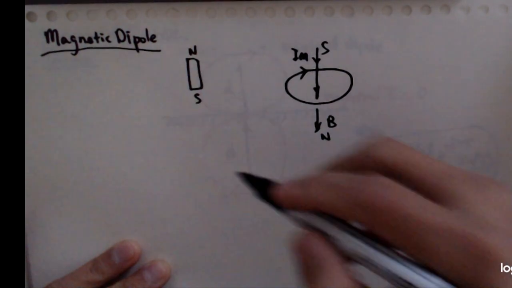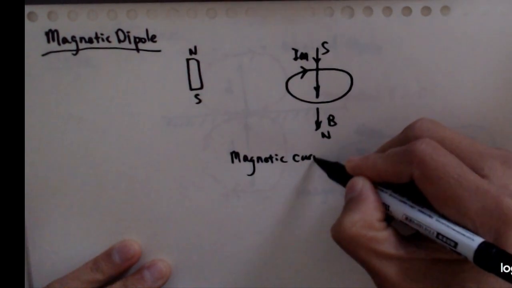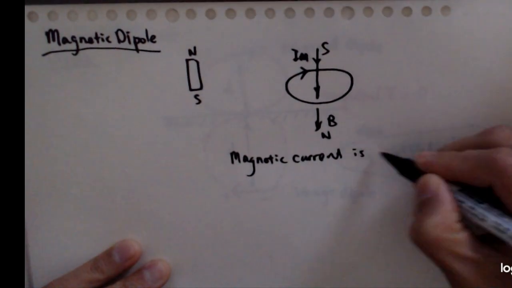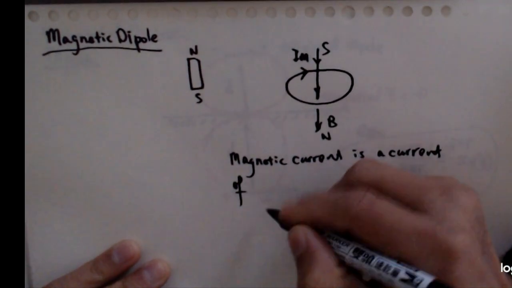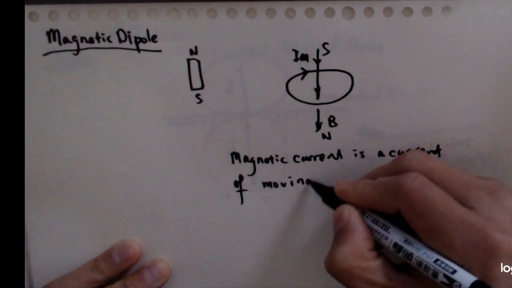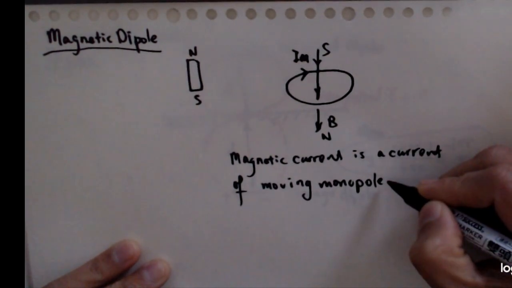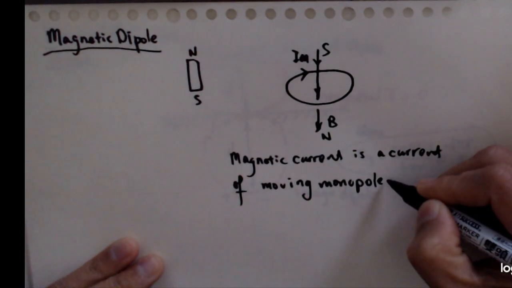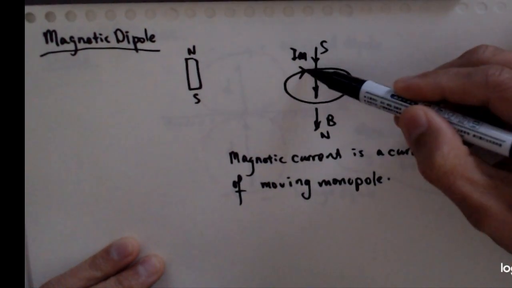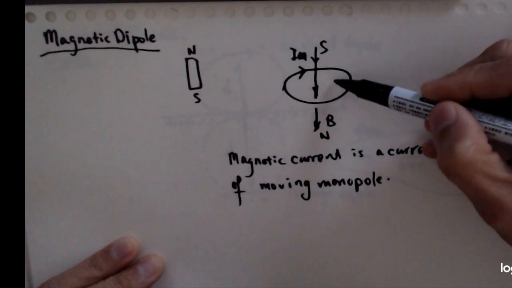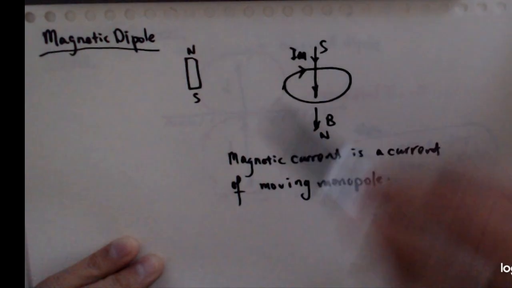The magnetic current is a column of moving monopoles. Moving magnetic monopoles. So suppose you have an AC current in this current loop, then you would expect the B field to be pointing downward and then upward and then downward and then upward continuously forever.